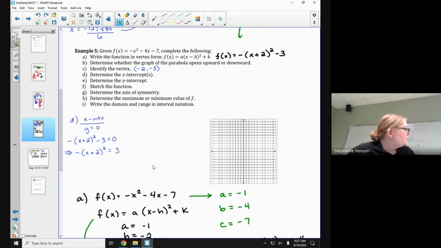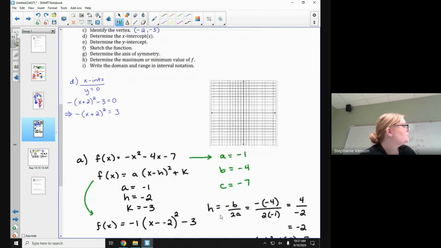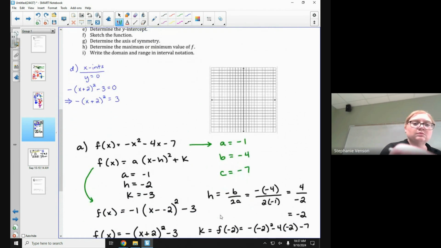How would you get that negative off of the front? Yeah, just divide both sides by -1. Of course, the negatives cancel over here. And you are left with x plus 2 squared equals -3.